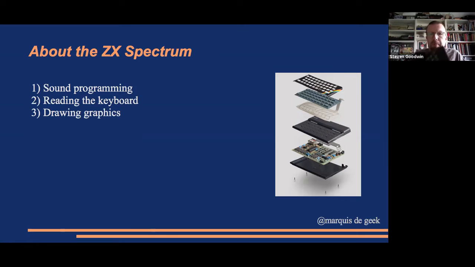So this is an exploded view on the right. And I'm going to go through each of the sections in reverse order from what I just did. My hope is that by taking it in reverse order, I get through the simpler bits first. And by the time we get to the end, we're on the much more complex, this is where you have to pay attention bit. So let's zoom in on that picture and let's look at sound.